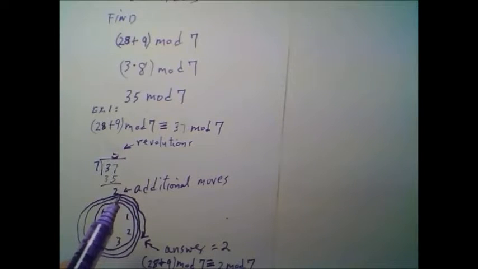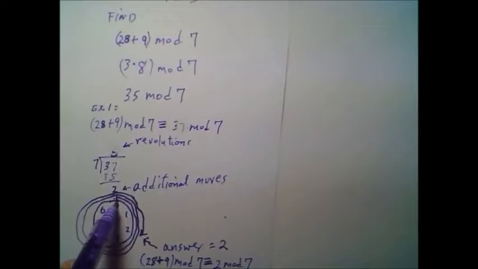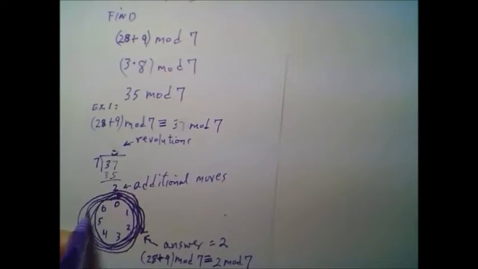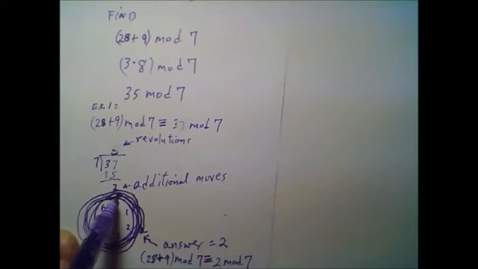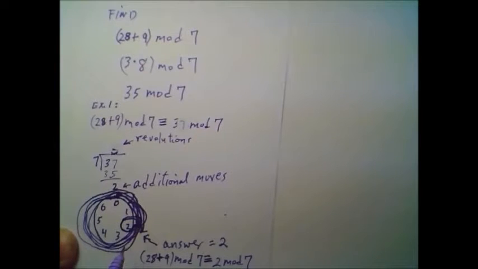So I'm going to go around here 3 more times, and after that I'm going to look at my remainder and go the additional amount. That's 1, 2, 3 additional trips, and then I go the additional amount, which is 2 units. So I end up at 2. So that's my final answer.